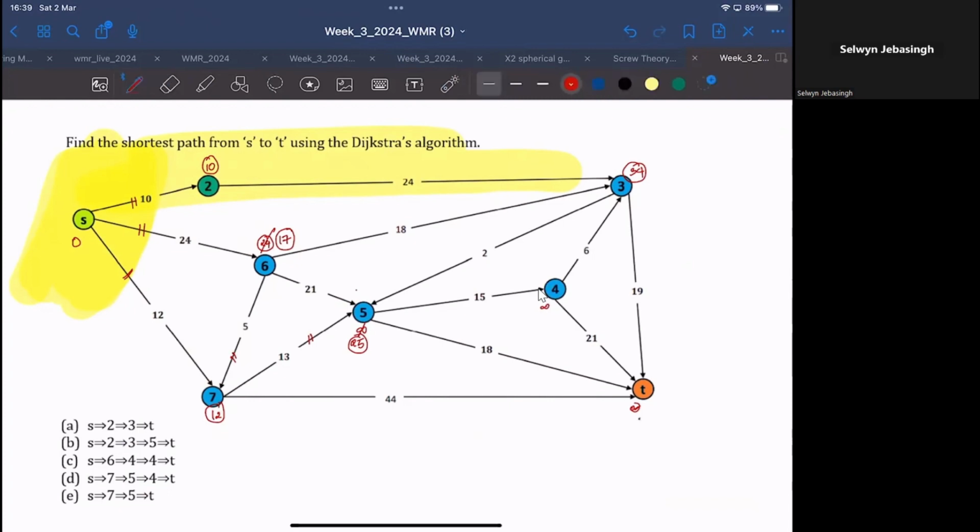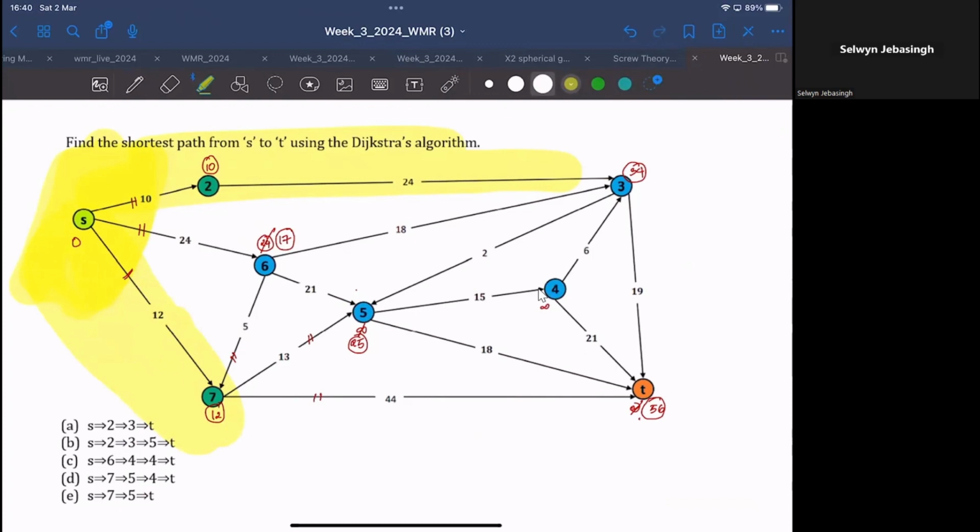So you can replace this infinity by 56. So now you have expanded node 7 as well. So you can also cover node 7.